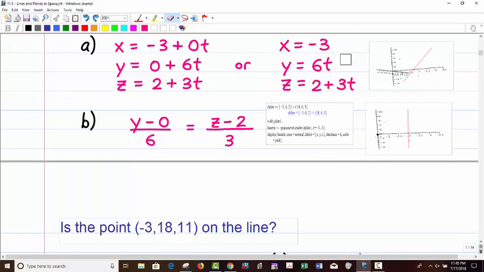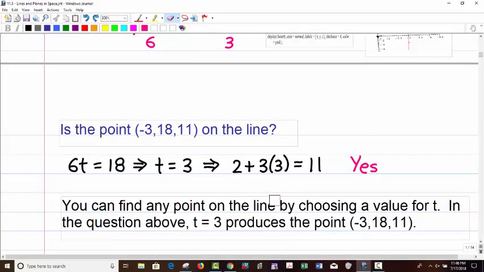That's going to be 3, obviously, right? So t is set at 3. So when you put 3 into t to get the z component, that number would have to be whatever the z component is. If you put 3 in there, 2 plus 3 times 3 would equal 11, and that's what we have here, 11. So the answer is yes, because the same t would generate that point. So that's how you would check.